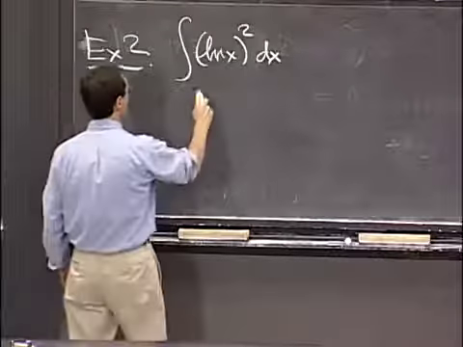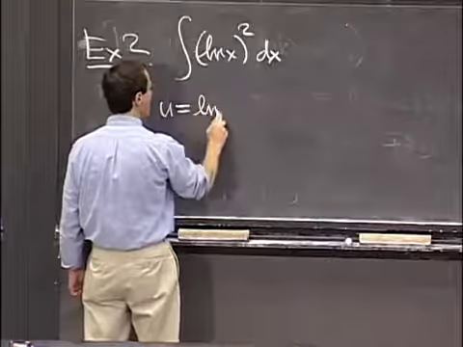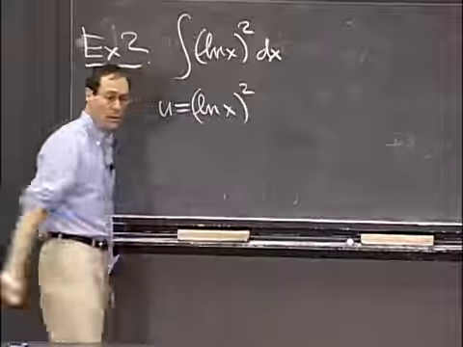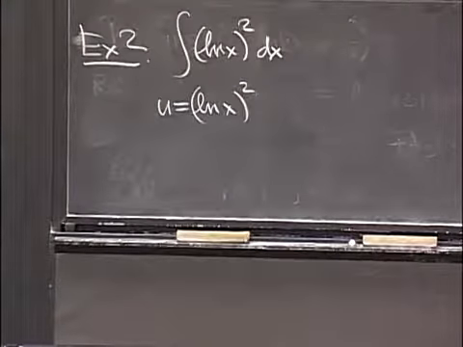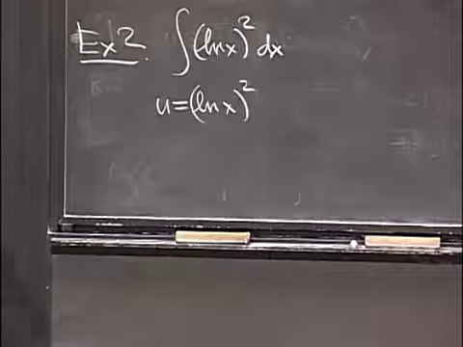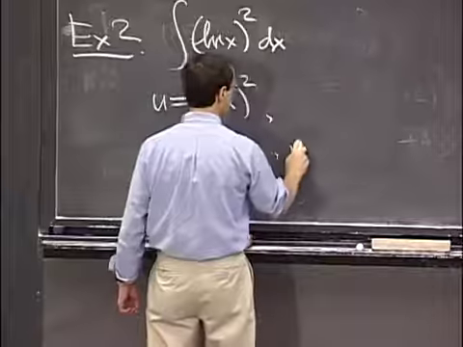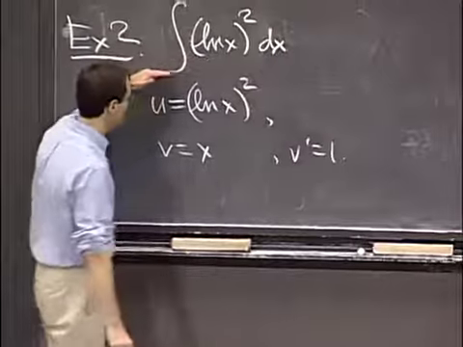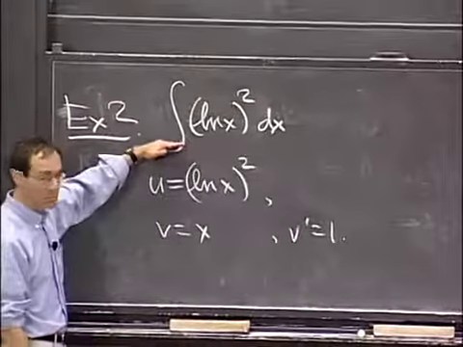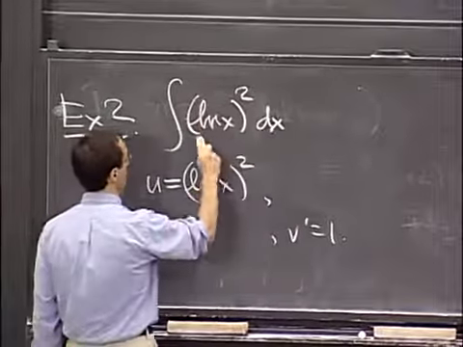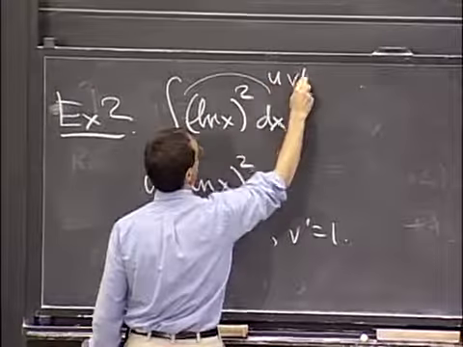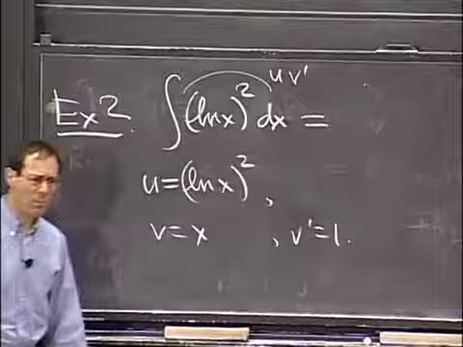Namely, I'm going to let u be log x, the quantity squared. And again, v is equal to x, so that matches up here. That is, v prime is 1, so this is u times v prime. Right? So this thing is u times v prime. And then we'll just see what happens.